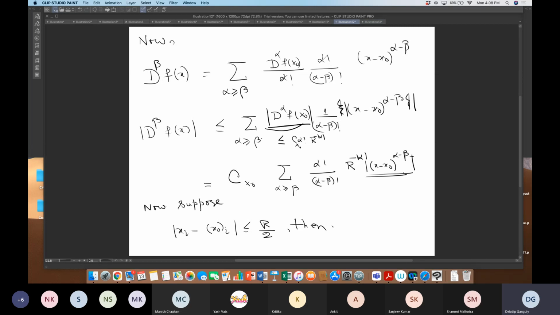So what will I get from here? Can anyone tell me? It is less than or equal to what? R raised to the power minus mod beta. No, this is r by 2 to the power mod alpha minus beta.